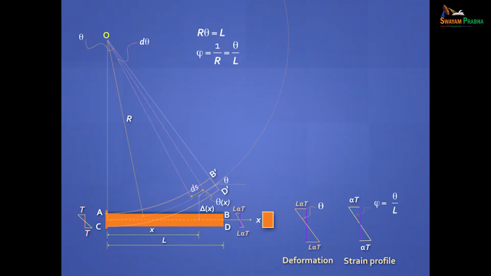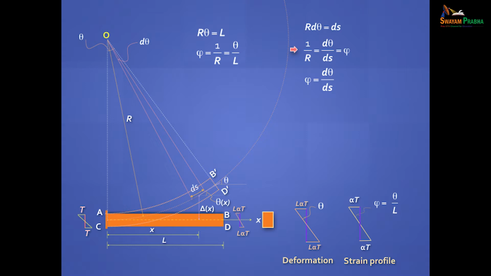And if you take d theta and ds, you can define ds as r d theta, a small element, and 1 by r can be defined as d theta by ds equal to phi. So you can see that rotation and curvature are related like this.